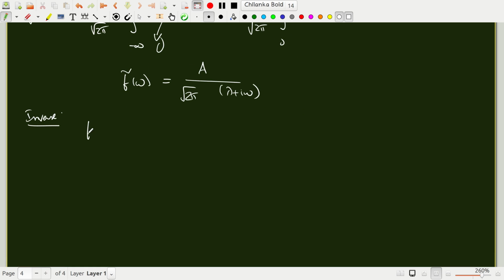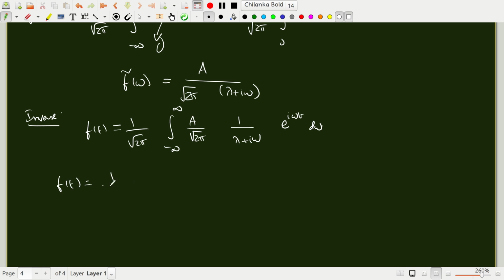Okay, so f of t is 1 by root 2 pi, right, times the integral from minus infinity to infinity of a by root 2 pi, 1 by lambda plus i omega, e to the i omega t d omega.